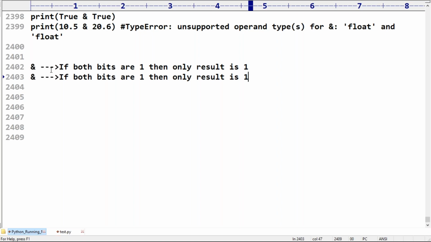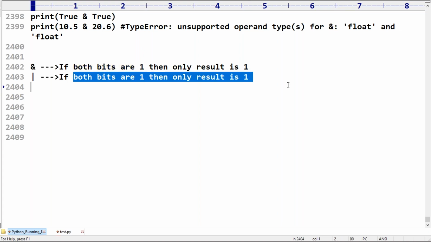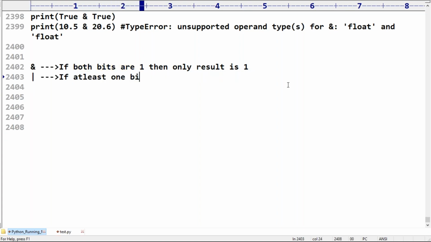If at least one bit is 1, that is the OR operator, then the result is 1.